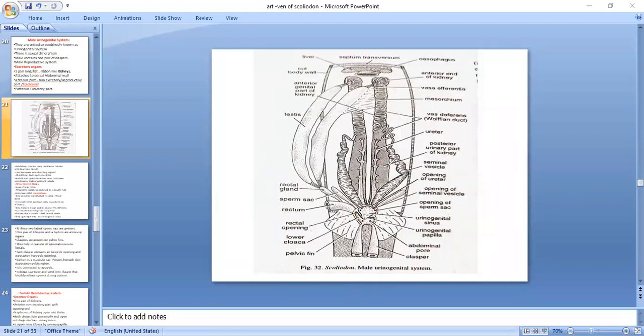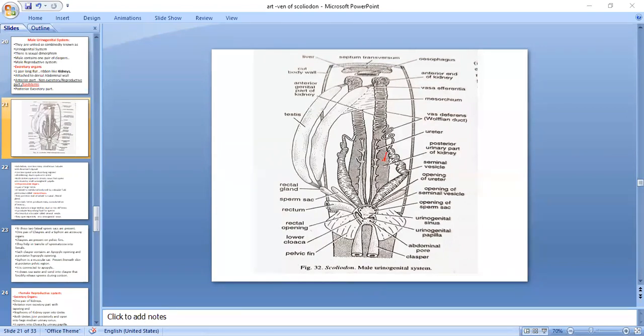The excretory part includes long ribbon-like kidneys. The anterior part of the kidney is called the non-excretory part. You can also call it the epididymis. The kidneys contain, as usual, the uriniferous tubules or nephrons. These nephrons contain Bowman's capsule, and there is a segment in those tubules which can absorb urea.